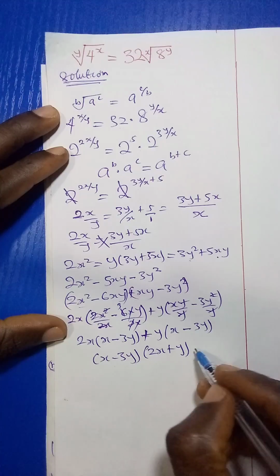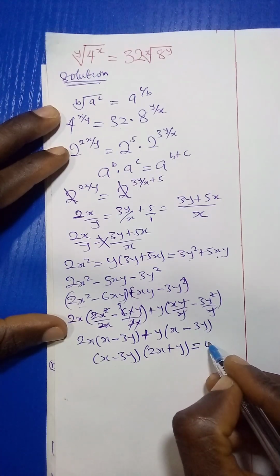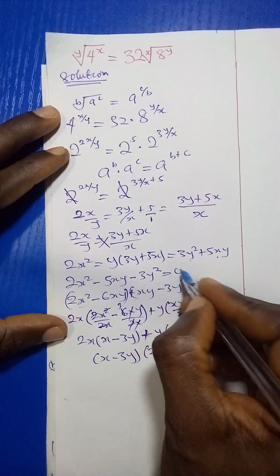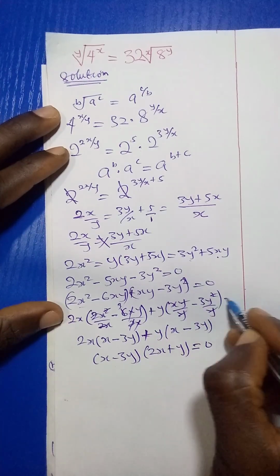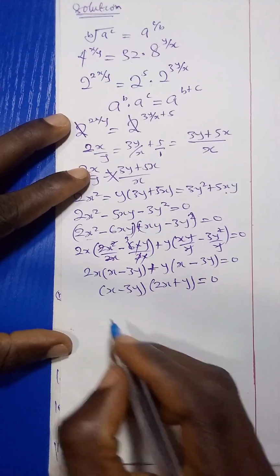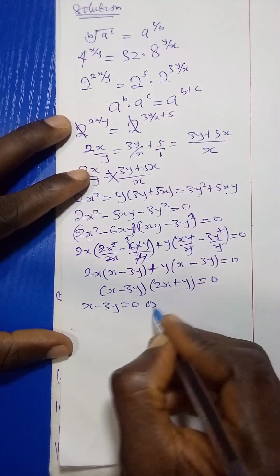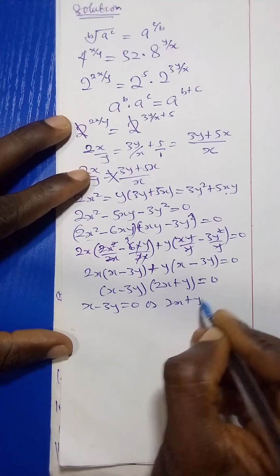Very good. Let's remember it is equal to 0. Yes, this is equal to 0. Let us remember that it's an equation. So we can equate each bracket to 0: x minus 3y is equal to 0, or 2x plus y is equal to 0.